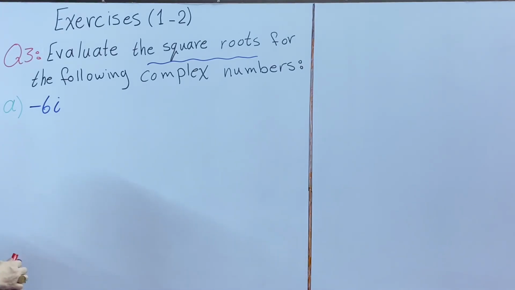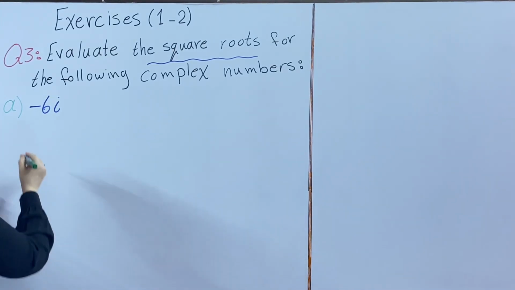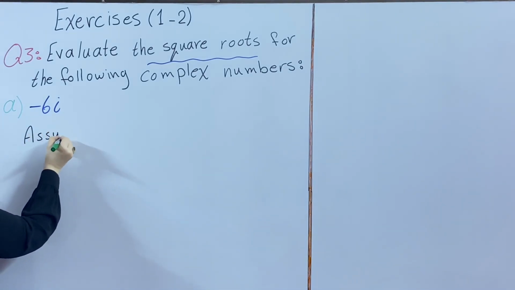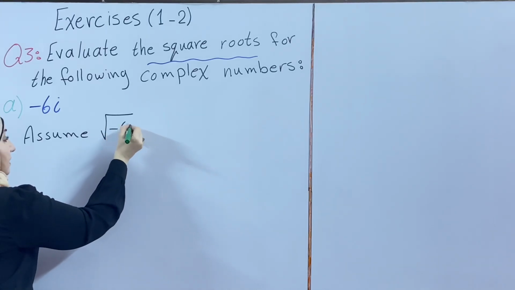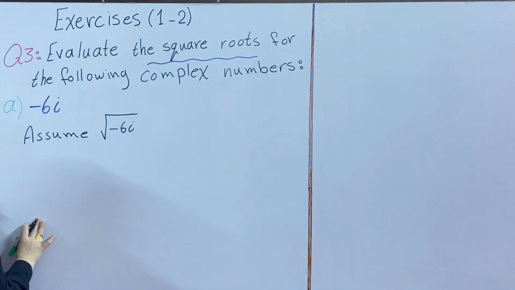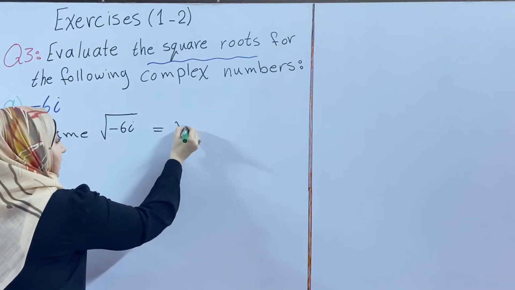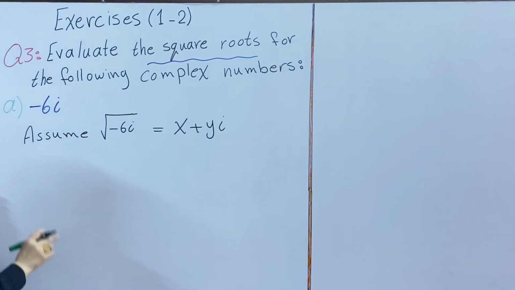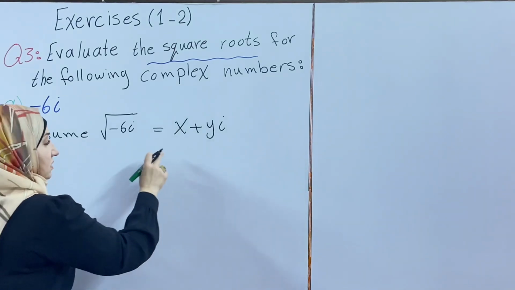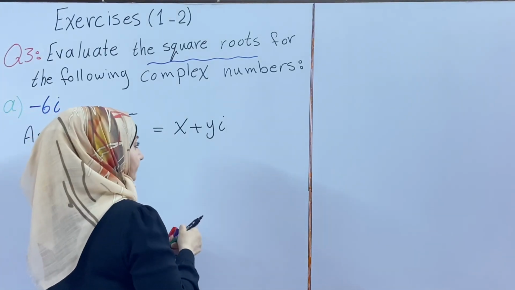So first, the first step, we will assume the square root for the complex number which is given in the question equal x plus yi. And the second step, we will square both sides.